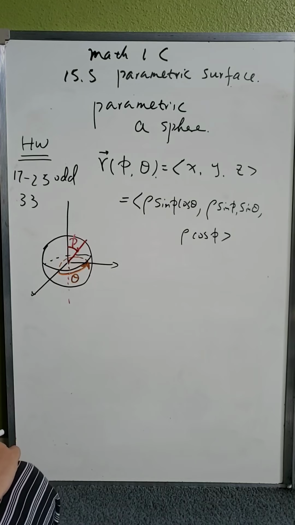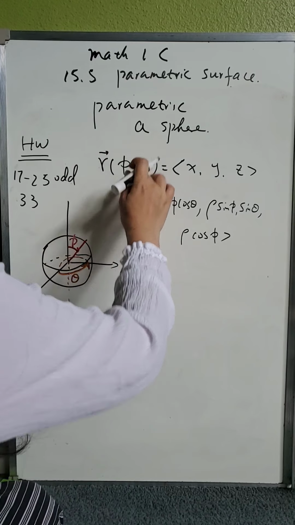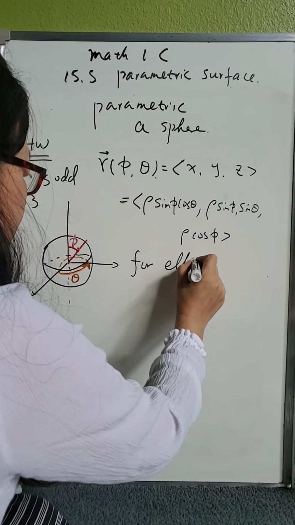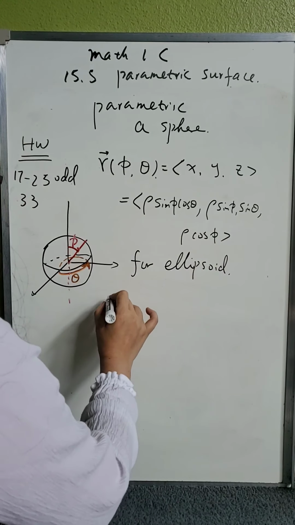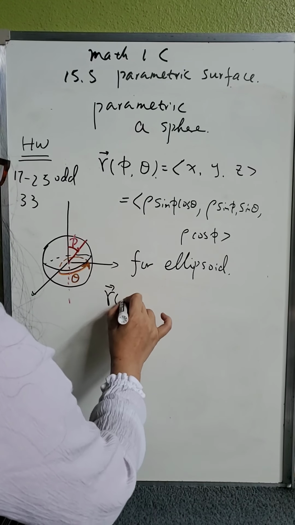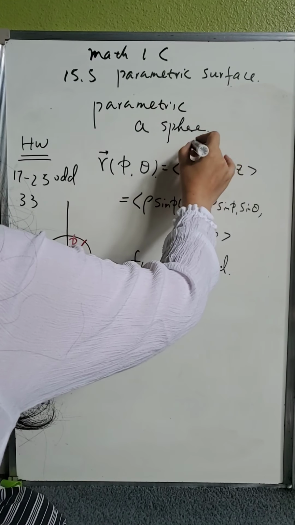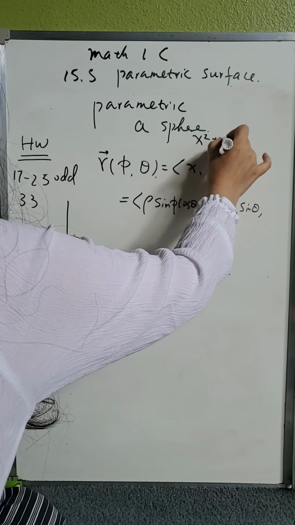And now if this is an ellipsoid, like this is for sphere, okay, for ellipsoid you also use the same thing. Because this is the sphere formula, maybe I should write it for you, just to remind you, it's like this.